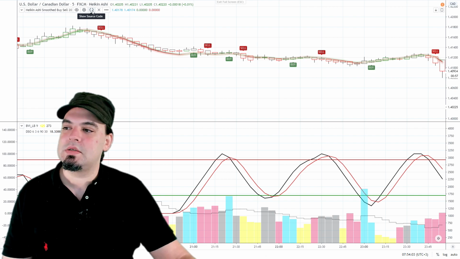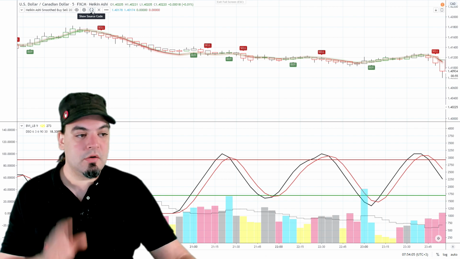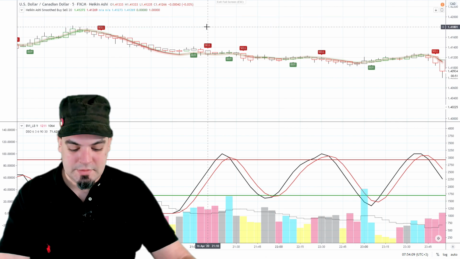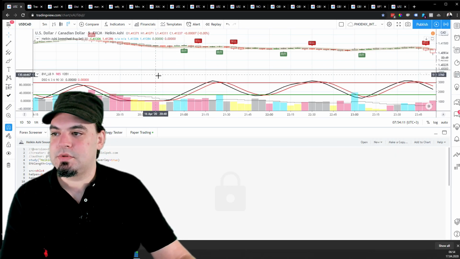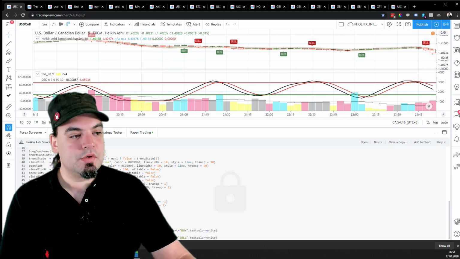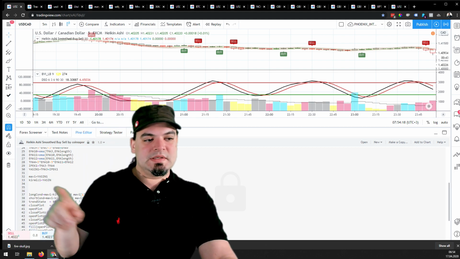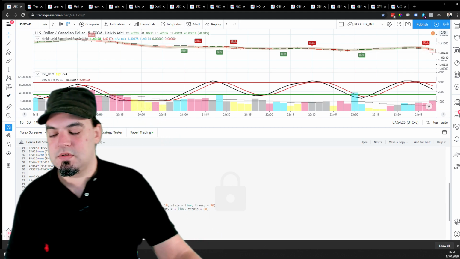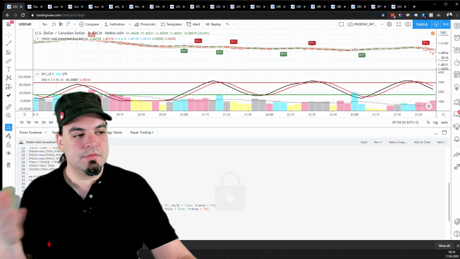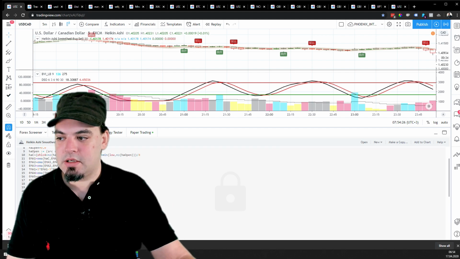What you can do is you can always click on source code. Let me open that up. So you can see that here you can find the source code. It's in PineScript. It's actually a really easy language, but you don't need to be a coder in order to get this strategy working.